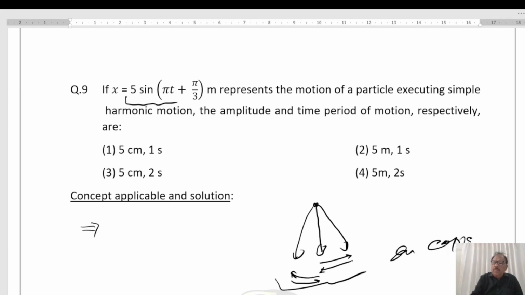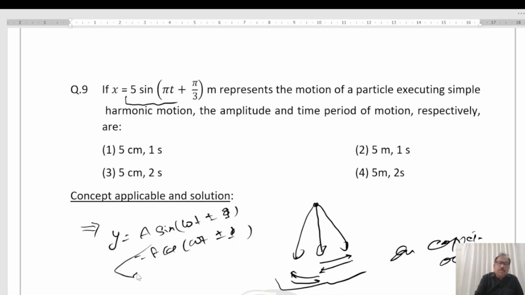The equation of SHM is y equals a sin(omega t plus or minus phi) or a cos(omega t plus or minus phi).